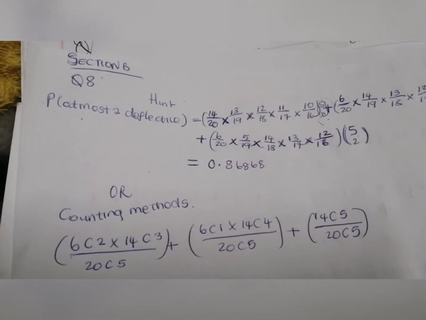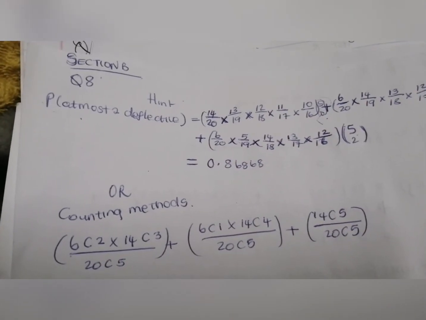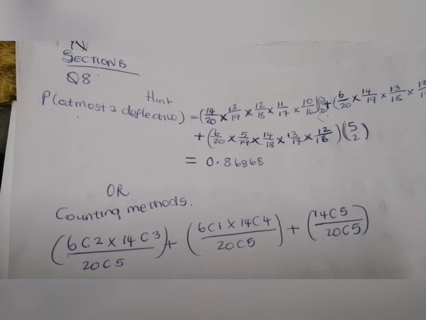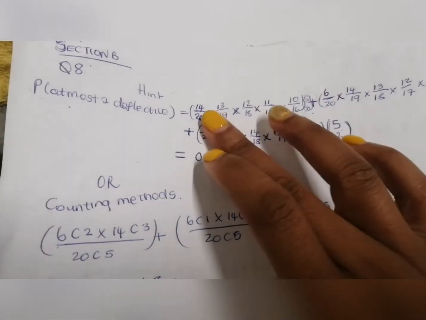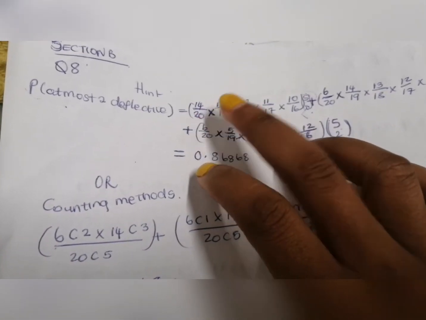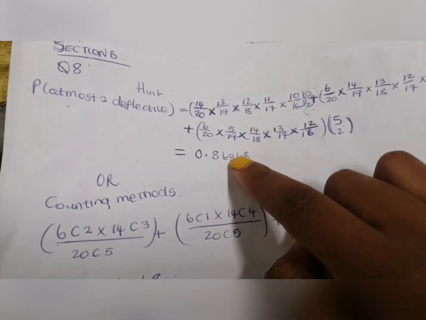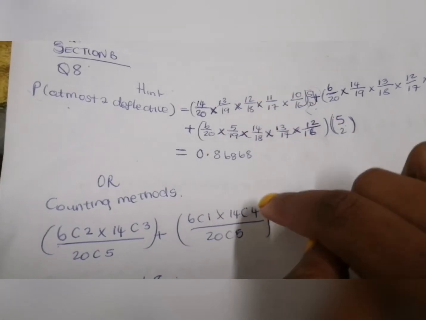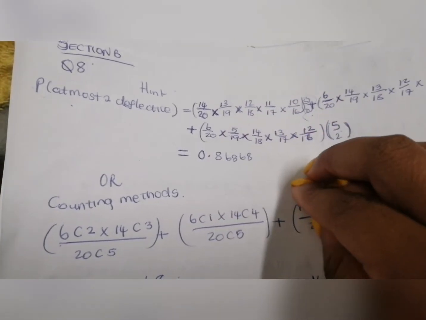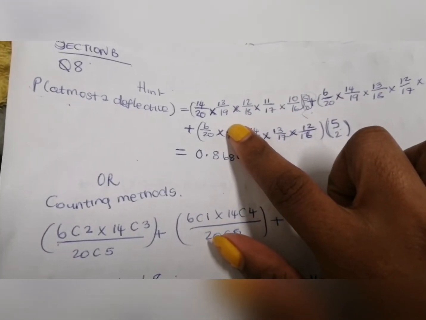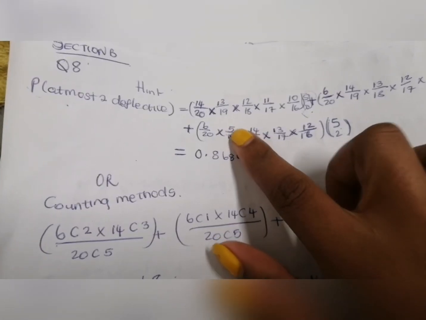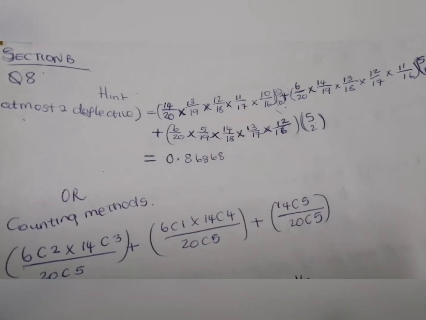Now, because he's taking out one nail from this selection, we are going to say 13 divided by 19, because now of the 19 nails that are remaining, 13 of them are not defective. So we'll do so for all of them.